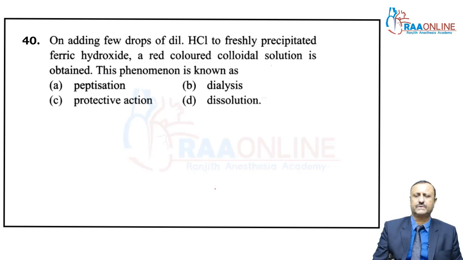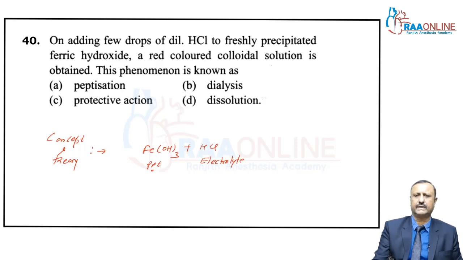On adding a few drops of dilute HCl to freshly precipitated ferric hydroxide, a red colored colloidal solution is obtained. The phenomenon is called. Here, my dear students, what is the concept and theory? Freshly precipitated ferric hydroxide means Fe(OH)3. A precipitate is formed. A small amount of electrolyte is added, for example, HCl acts as the electrolyte.